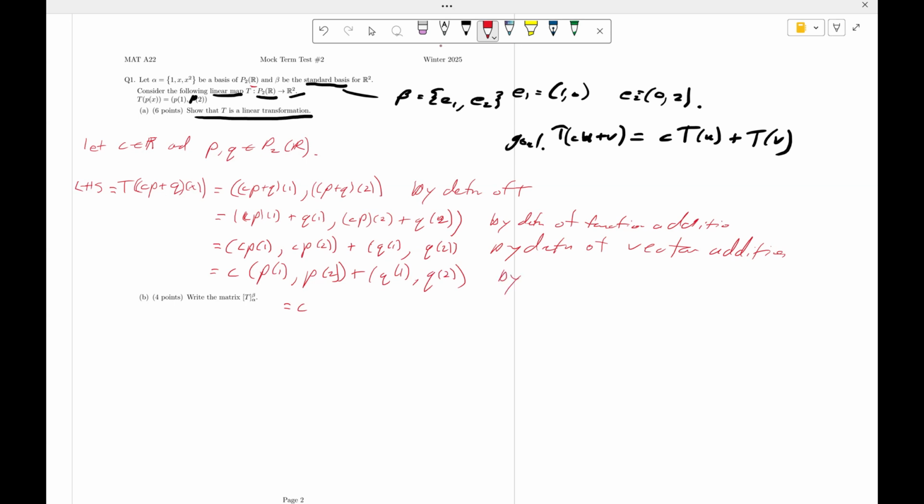Let's complete our justification: by definition of scaling vectors. And this is equal to c times T applied to p(x) plus T applied to q(x), by definition of T. And we have that our left-hand side equals our right-hand side.